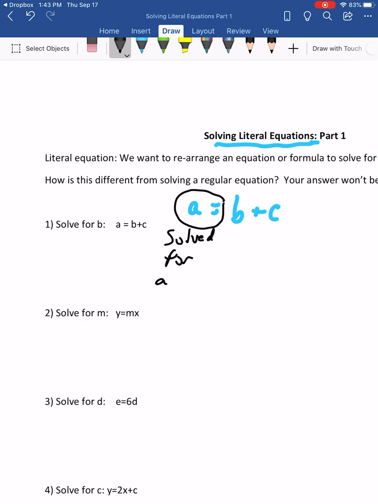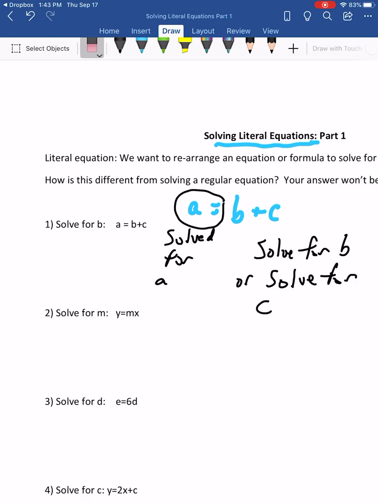So the goal of a literal equation will be to solve for b or solve for c. So I'm rearranging an equation that may or may not have numbers in it. This equation doesn't have any numbers in it. So I want to make this equation start with b equals something, c equals something.